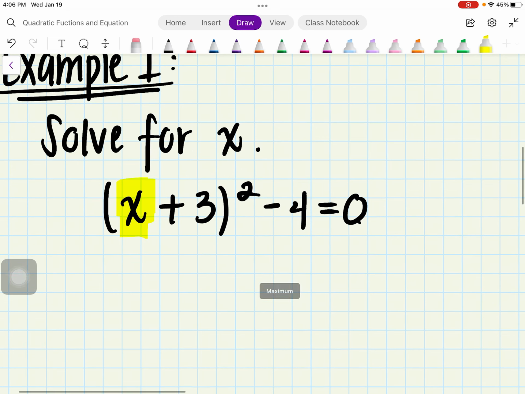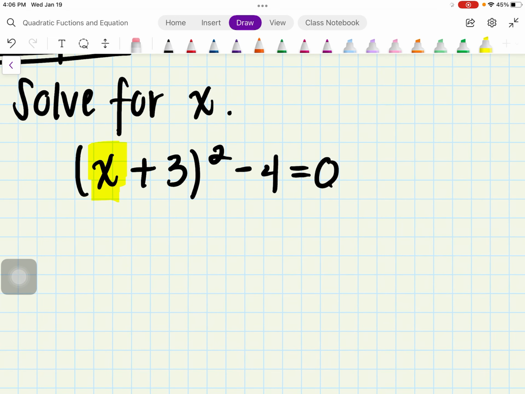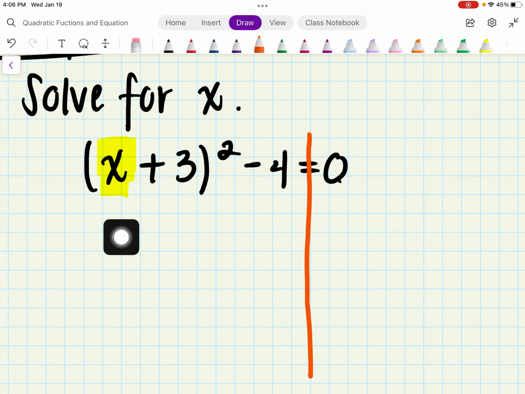So our goal in this case is to solve for x. We have to isolate this variable, so we have to move basically everything to the other side and leave the x alone. Starting off, since the x is inside the parentheses along with the squared, I will be focused on everything on the outside first.